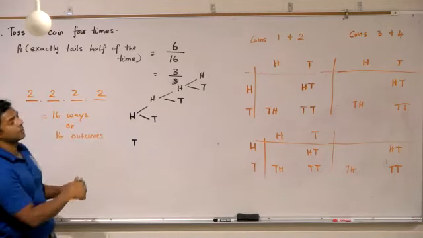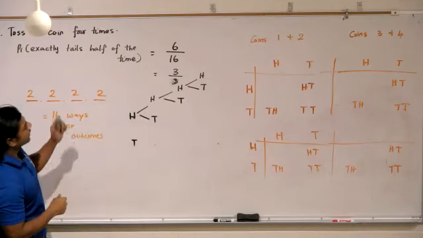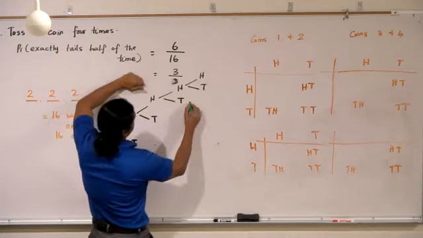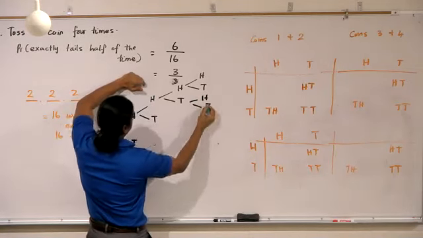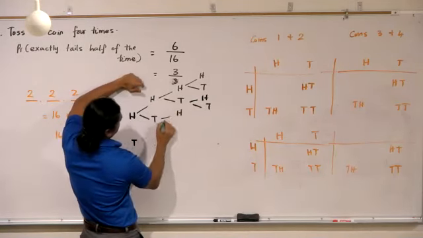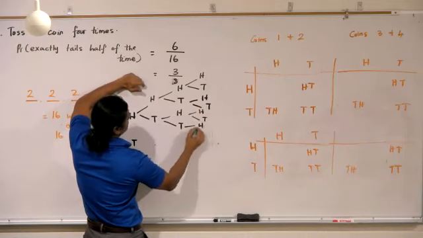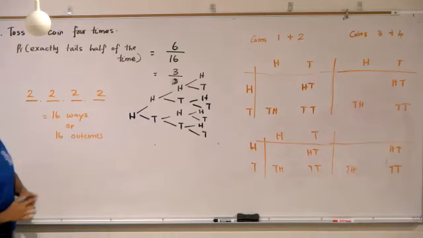And then you can count the number of outcomes that would result in 2 tails. So here I would have heads, tails, heads, tails, heads, tails, heads, tails. I'll write it in a different color so that you don't get confused.